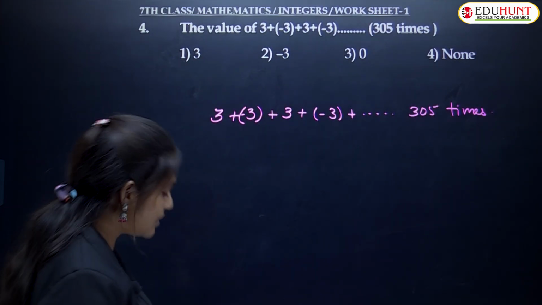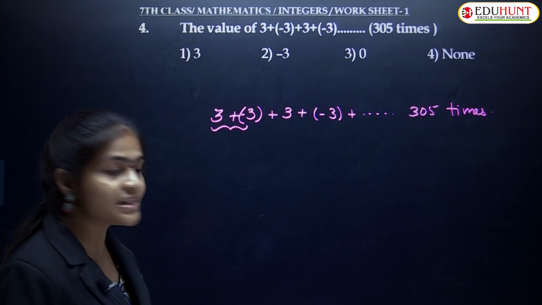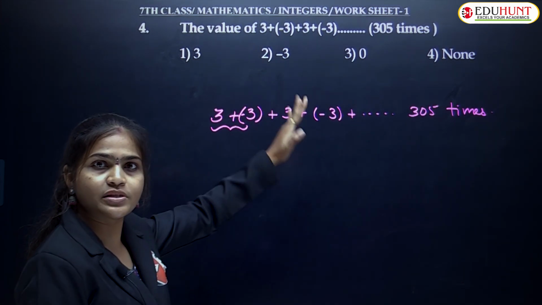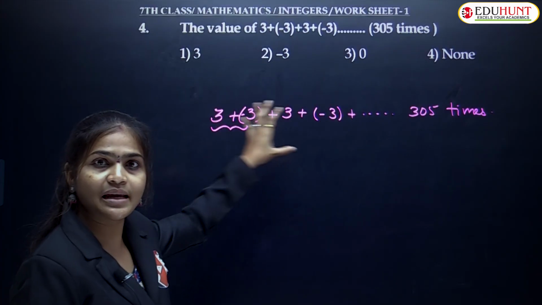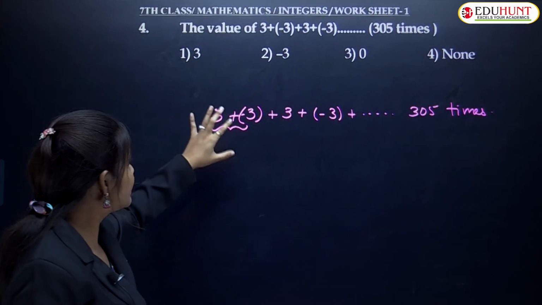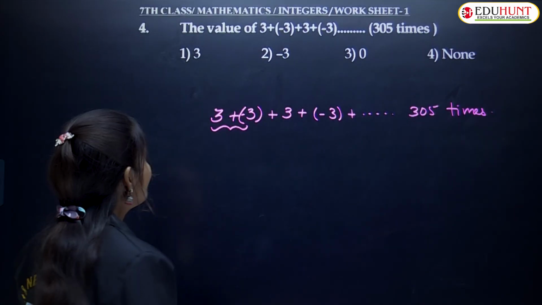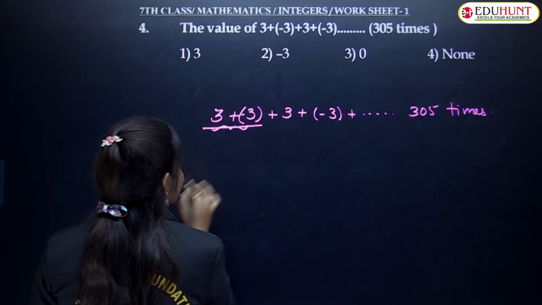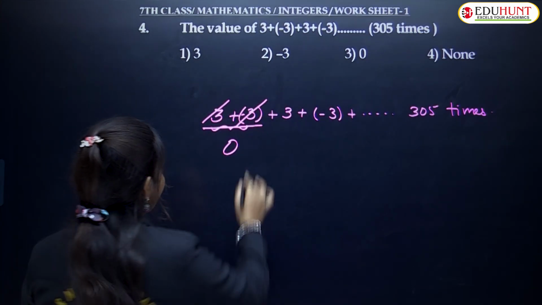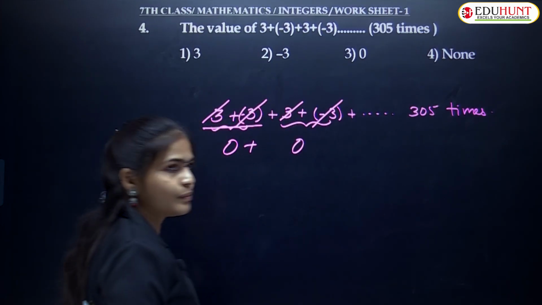So children, when you observe this, actually one sequence is there: positive, negative, positive, negative, and the same value. 3 is common, but only its signs change. Positive, negative, like that they have given. While observing the first two terms, plus 3 minus 3 gets cancelled, so the answer is 0. Again, when you observe the next two, plus 3 minus 3 gets cancelled, so again 0. Understand?